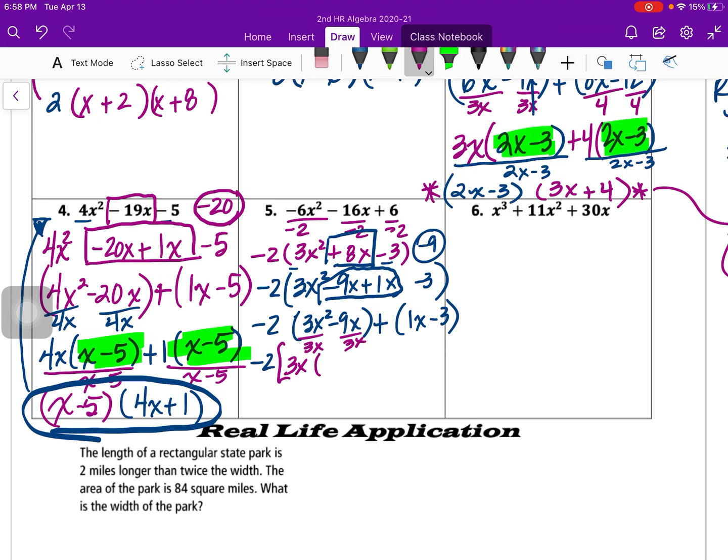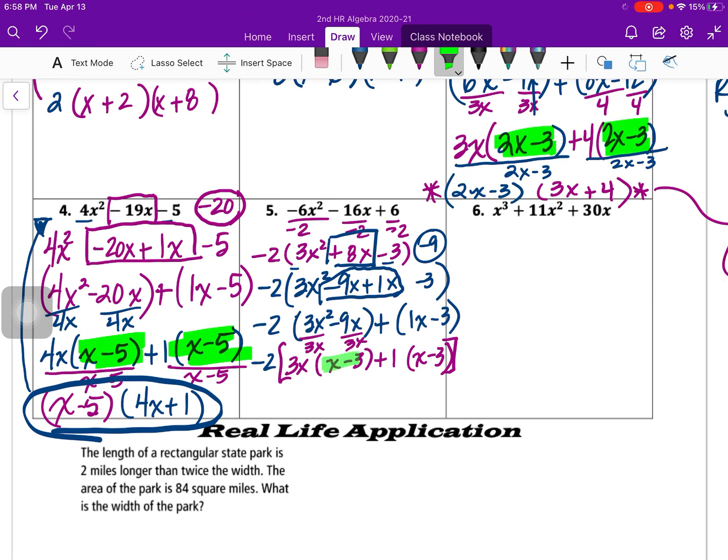So 3x, and then I would have x minus, let's see, 9 divided by 3 is 3. And then over here, again, I just have that common factor of 1. So plus 1, and then inside my parentheses, x minus 3. Okay, and then again, oops, I should have closed parenthesis, closed bracket.